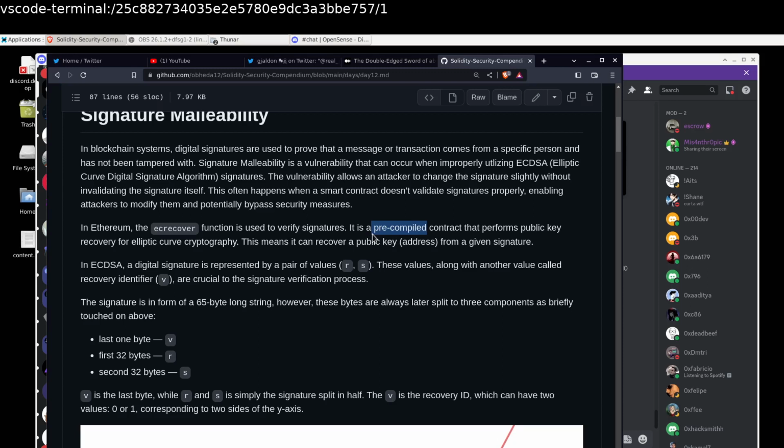So a precompiled contract is a contract, there are several ways to explain this, but basically it is a contract that runs natively, off the EVM. It is deployed by Ethereum, by the Geth node, to a specific address, and every node implementation is responsible for running that code. You can also think of a precompile as a contract that existed before time.